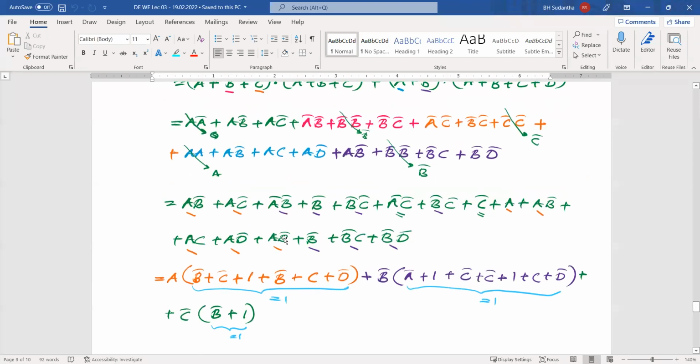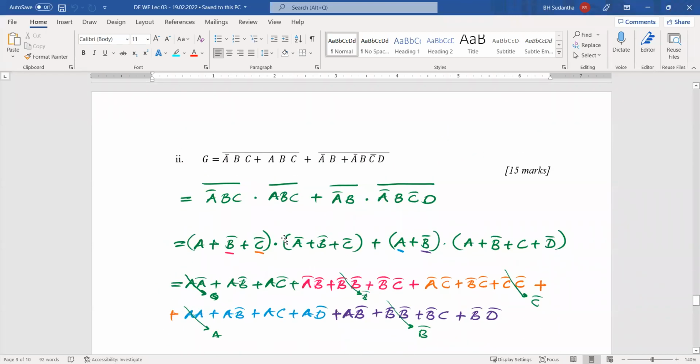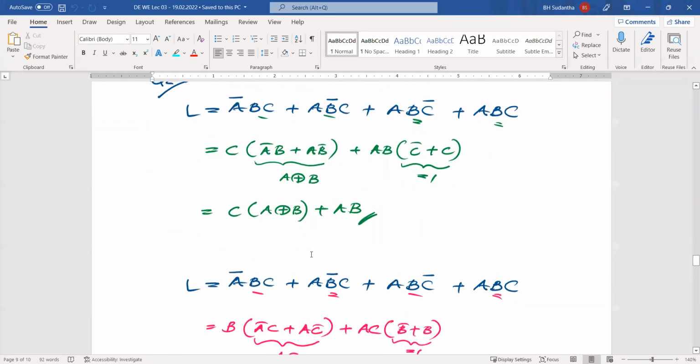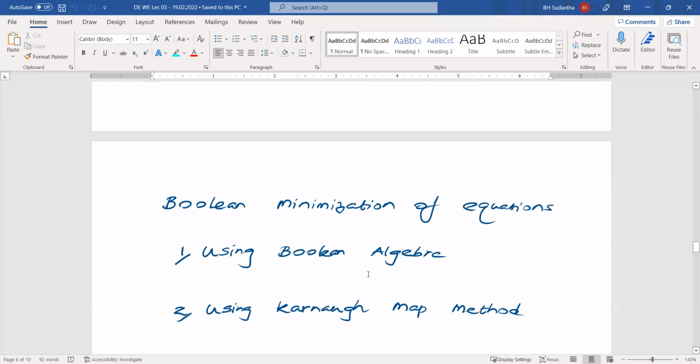That was what we discussed last day. If you have any question from those sections, you can ask now, otherwise this is the way we use Boolean algebraic methods to minimize equations.